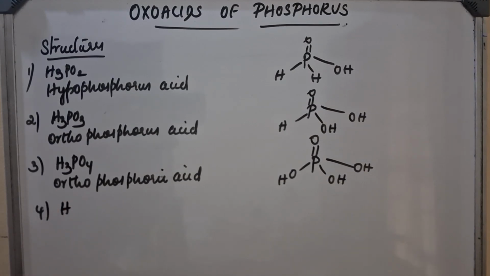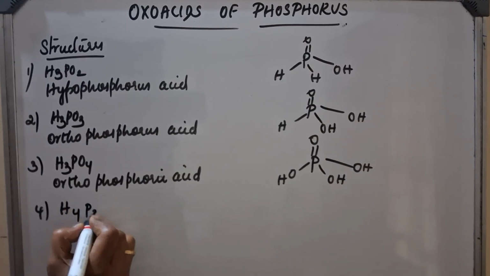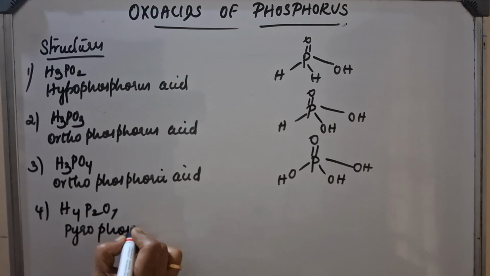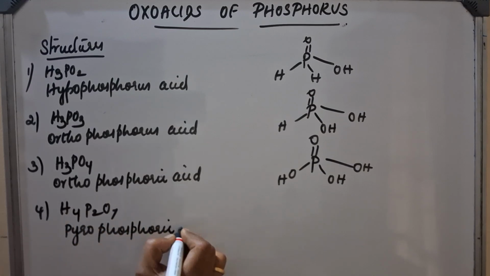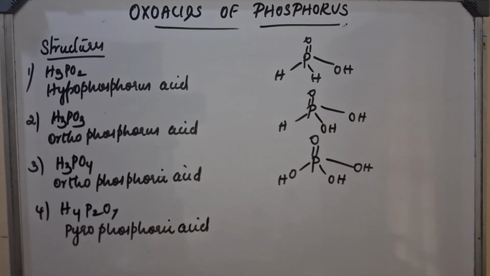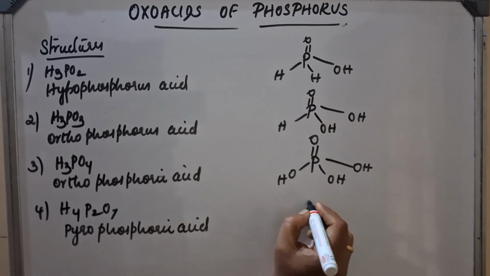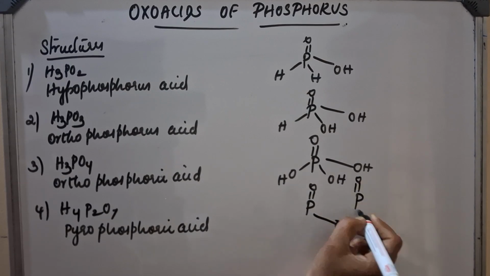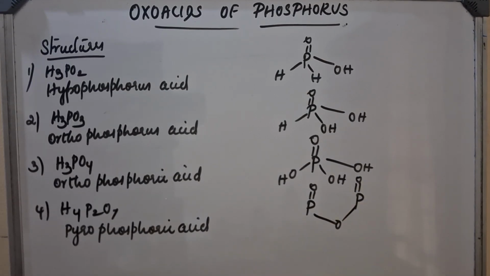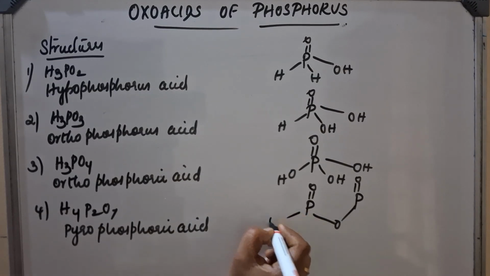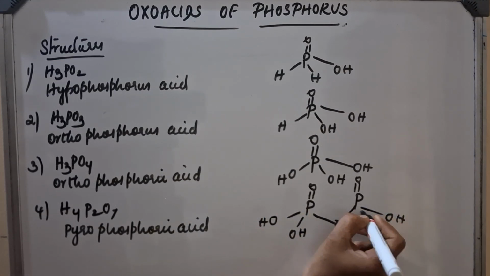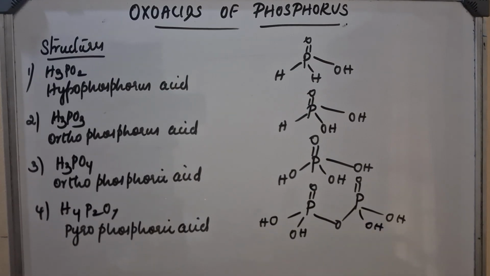What is the formula for pyrophosphoric acid? H4P2O7. It contains 2 P=O and a P-O-P bond. See, 4 P-OH bonds.